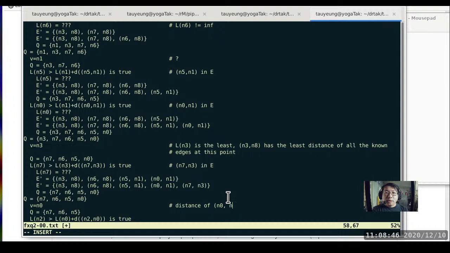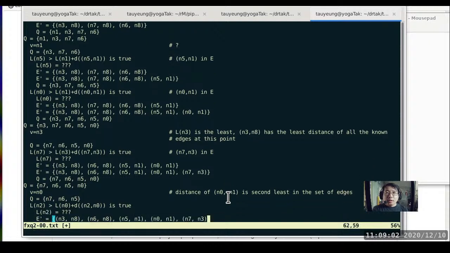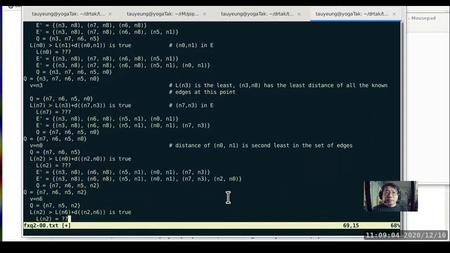So N0, N1 is the second least in the set of edges that we have explored so far. Basically, we are just using these methods to reconstruct the graph. Now we also know that N2, N0 is in the set of all the edges.